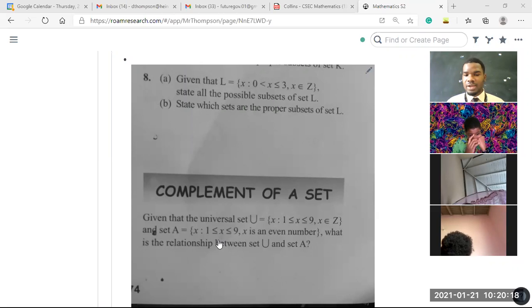We're going to find out the relationship between set U and set A. We're going to go through this together.